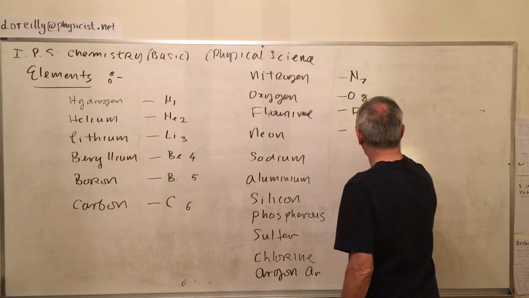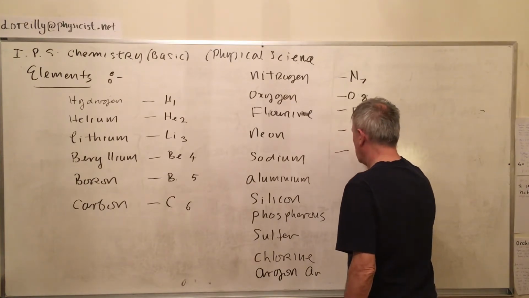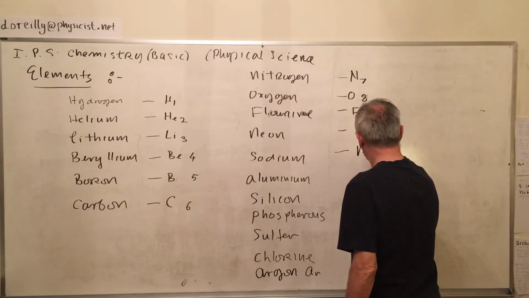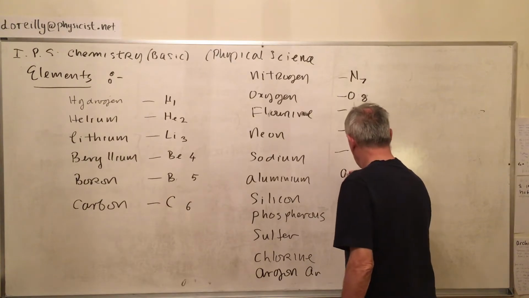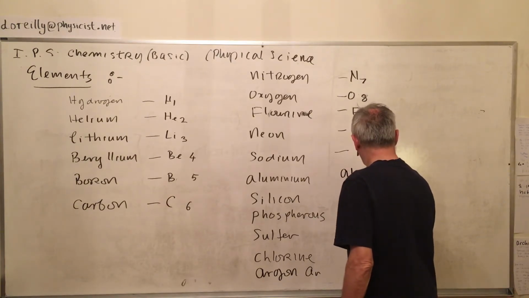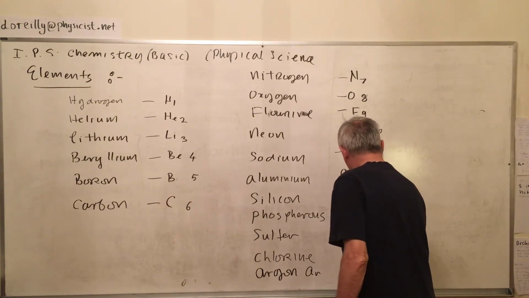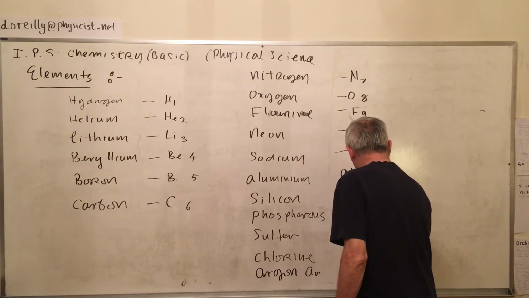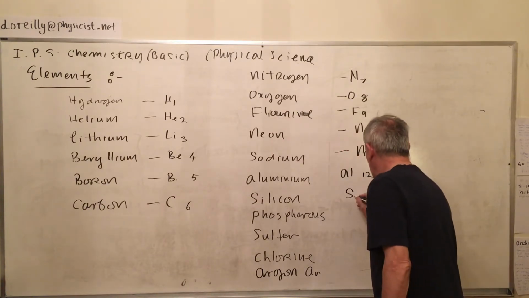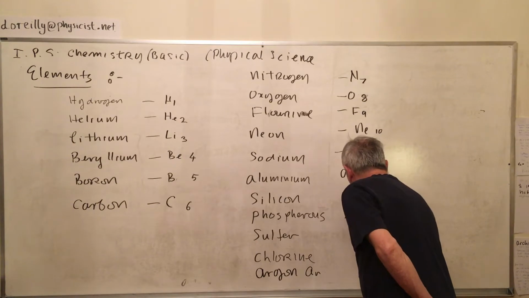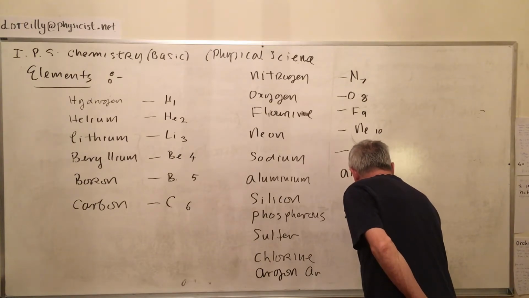Okay, neon. Now it could be Si is silicon, yeah. P is phosphorus.